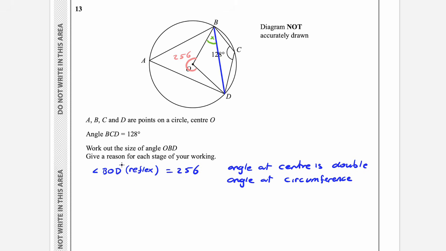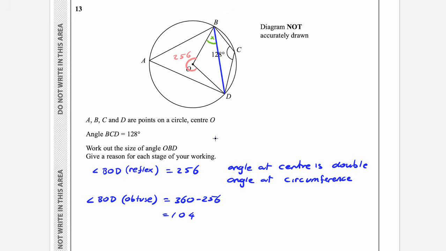Okay, then angle BOD obtuse equals, now this is going to be 360 minus 256, and that is equal to 104.